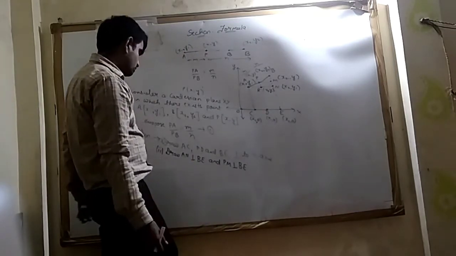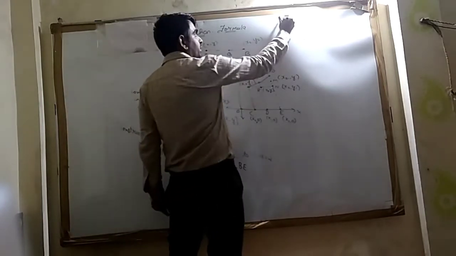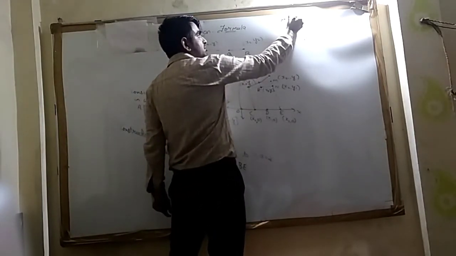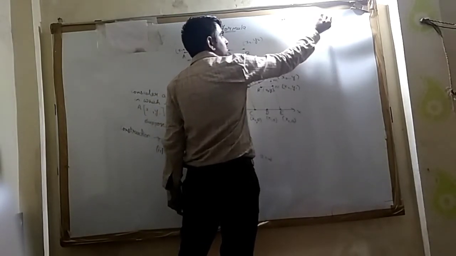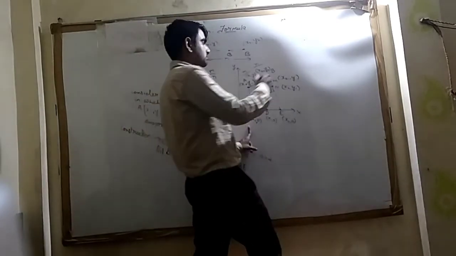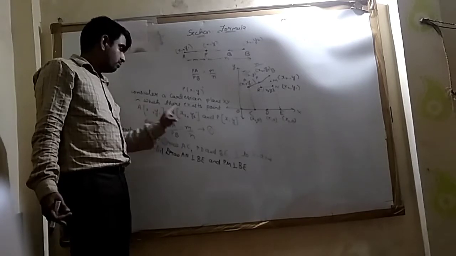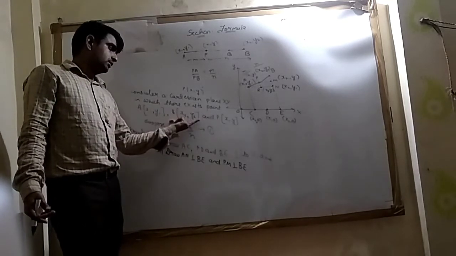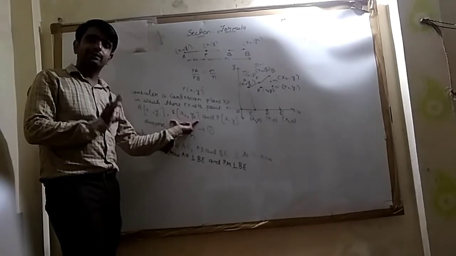Okay, so for better understanding we can write the coordinates of all these points. Okay, see, A, B and P, these 3 points' coordinates we have already written.